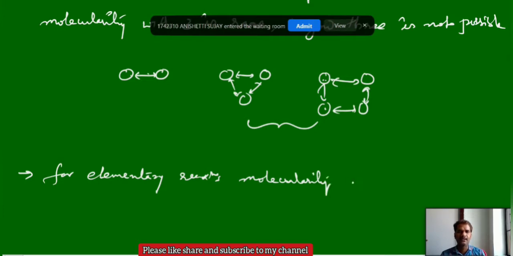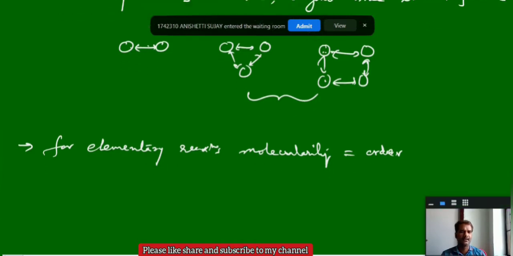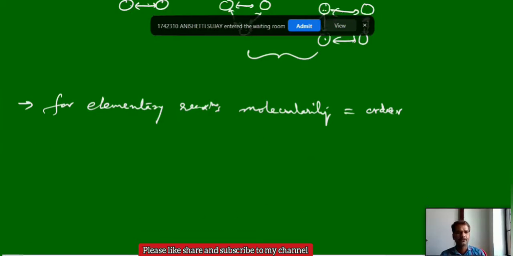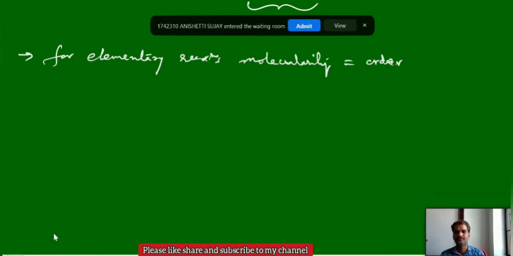In the case of elementary reactions, molecularity should equal the order of the reaction, but it is not equal for complex reactions. Why? In a complex reaction, each individual step is elementary, but the order of the reaction is determined only by the RDS step, whereas molecularity may be different for different steps. It may not be the same. That point also you should remember.